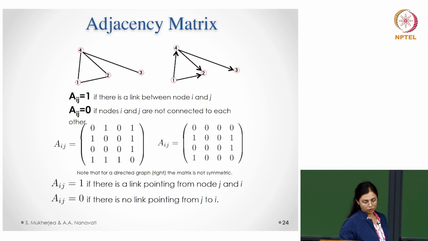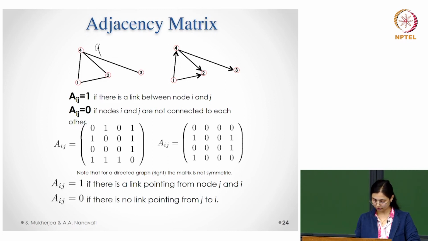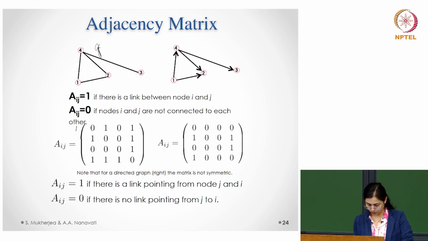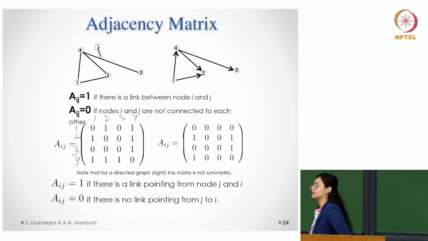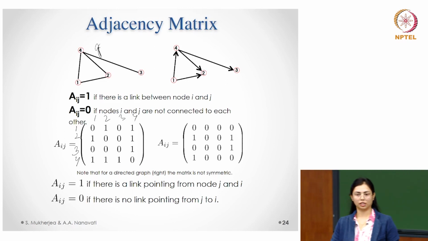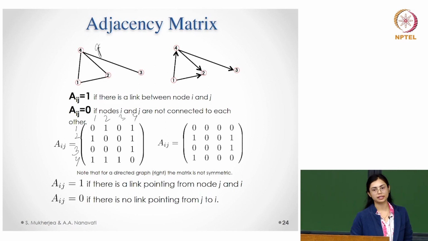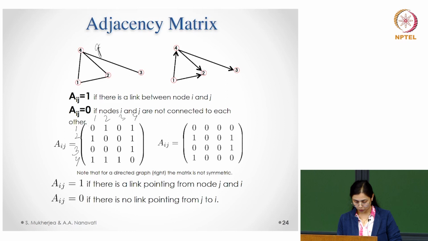So for these networks, for an undirected one, say we have 4 nodes, 1, 2, 3, 4, and 1, 2, 3, 4. All diagonal entries will be 0 because it's a simple graph, we don't have loops. If there is any loop, then it will be 1. From 1 to 2, is there any link?